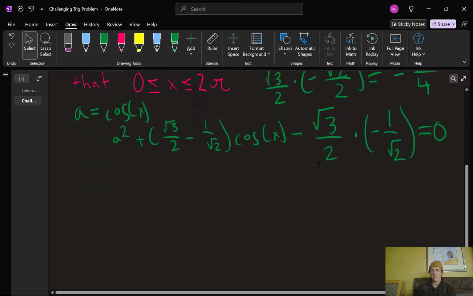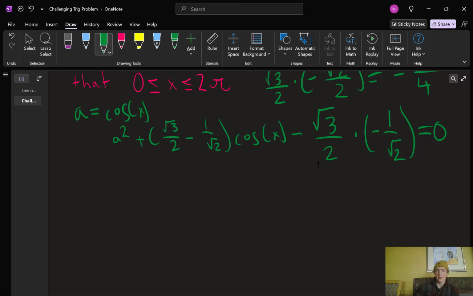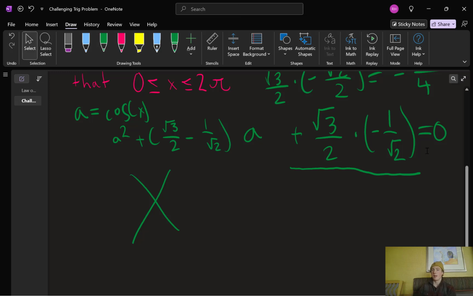Okay, so now that we have that, I'll keep solving. I forgot to substitute the cosine x for an a here. We're looking for two numbers that multiply to this value here, which should actually be a positive because we already have the negative there, and add to this value here.